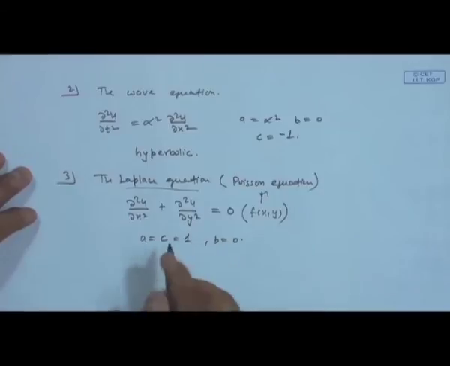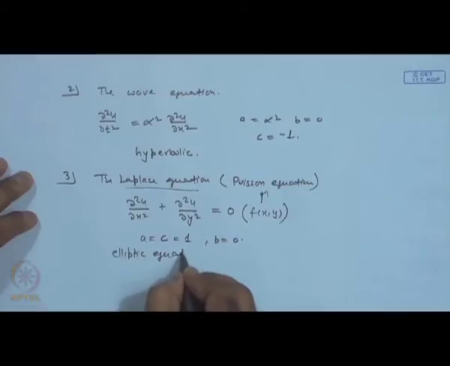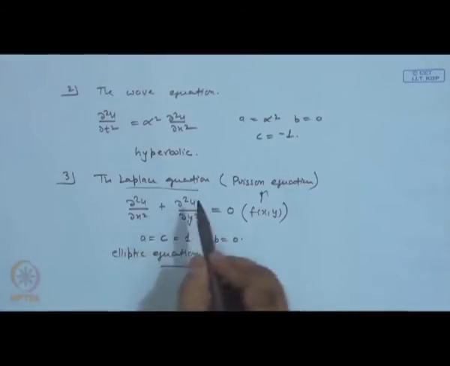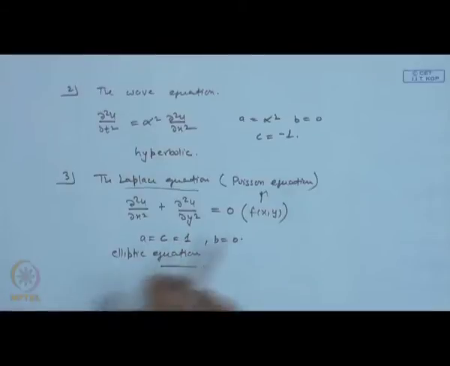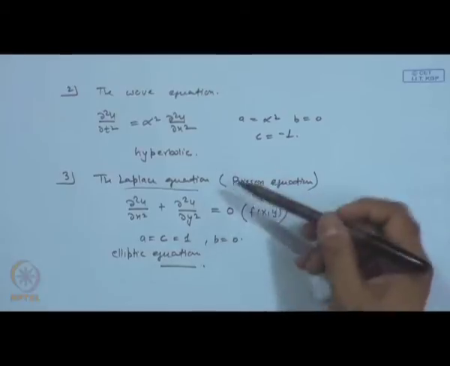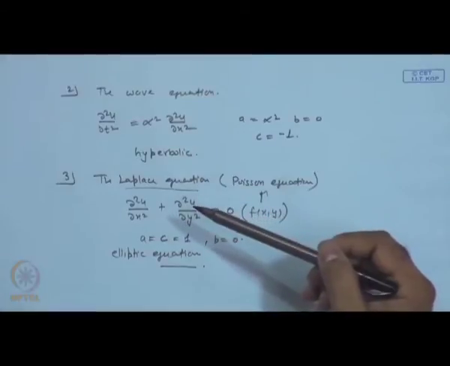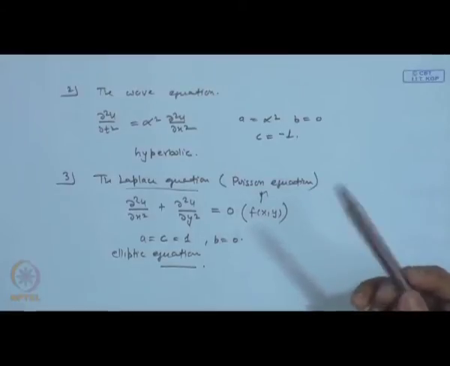So the equation is elliptic because b square minus 4ac is negative. According to different classifications, we have different equations, and in order to obtain a unique solution of the partial differential equation, we have to supply some initial and boundary conditions together with it. That part we will consider while discussing the examples.